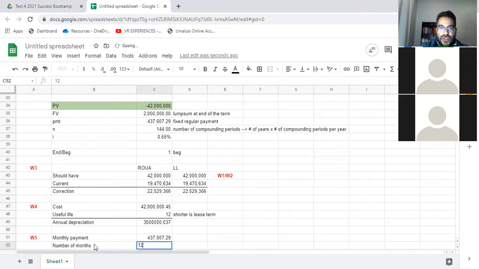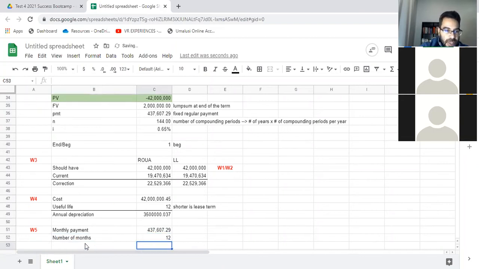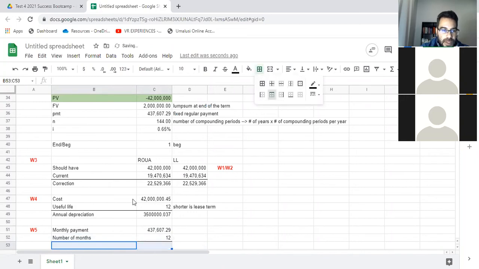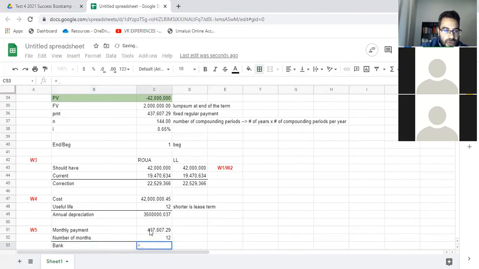Number of months is 12, and that gives us whatever that gives us. So the bank payment is going to be equal to that times 12.